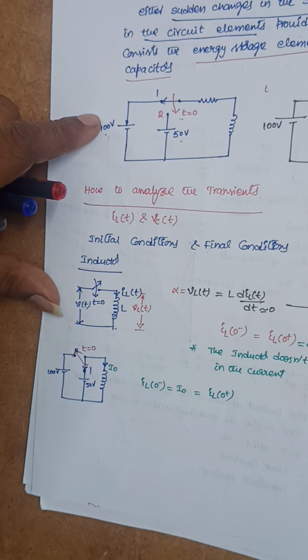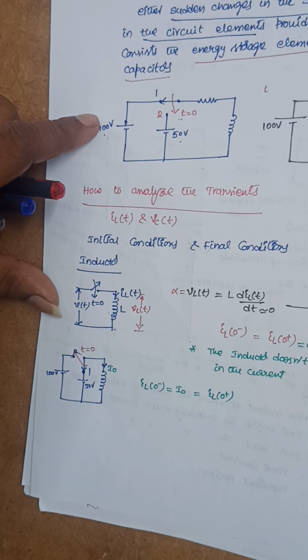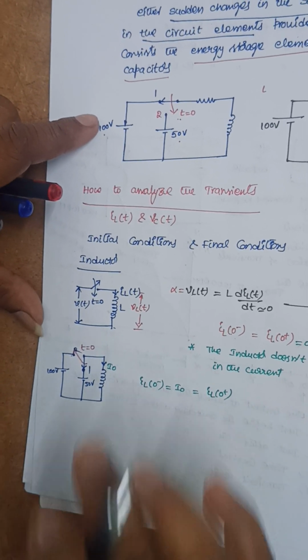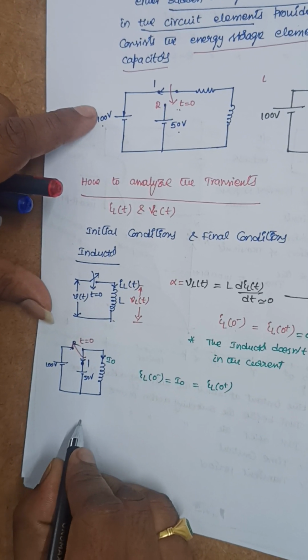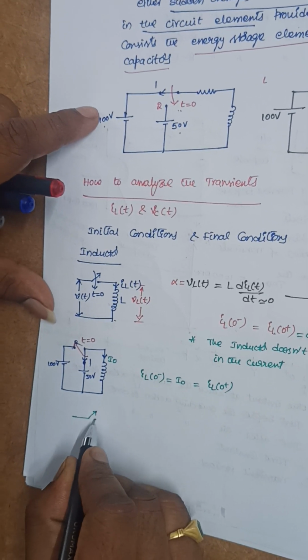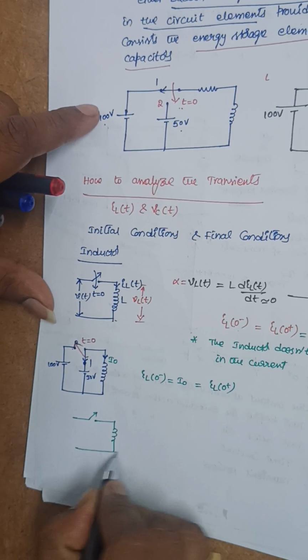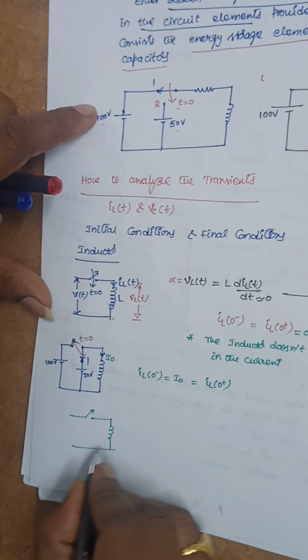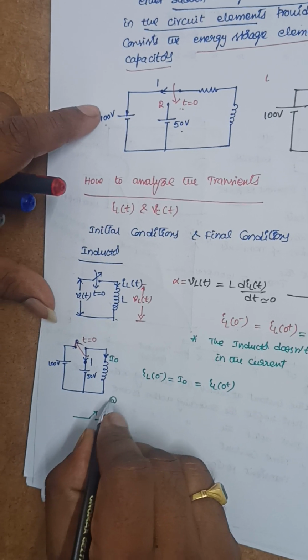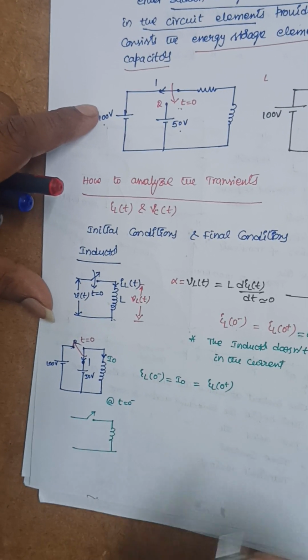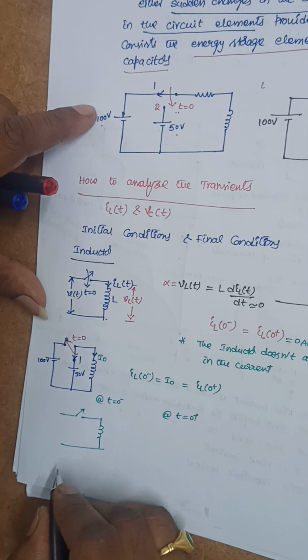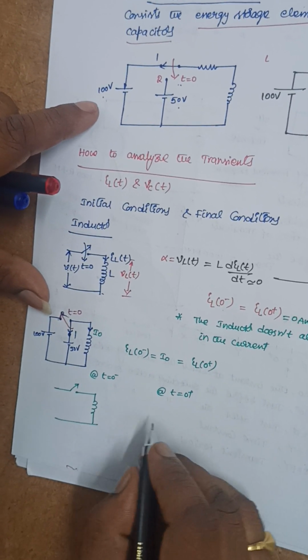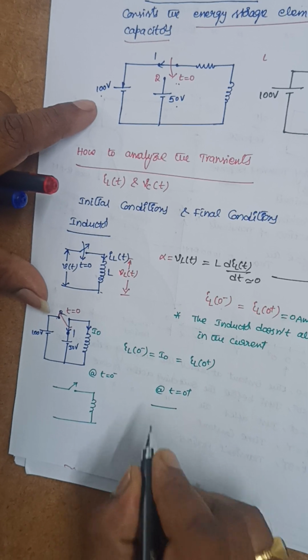So finally, if you want to represent this inductor at t equal to 0 minus, this is the representation of an inductor. Now at t equal to 0 plus, the inductor can be represented like this.